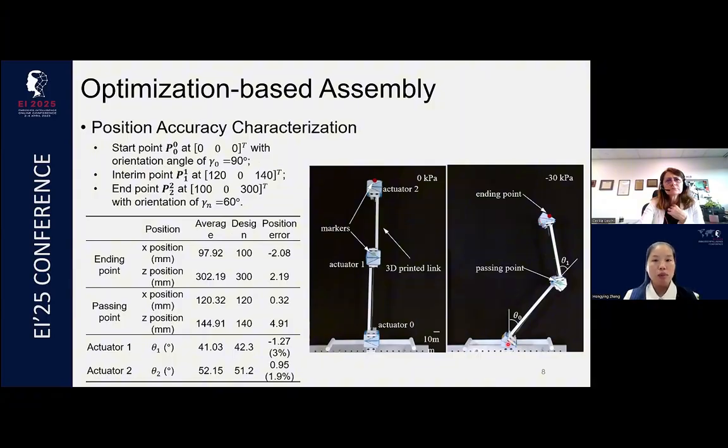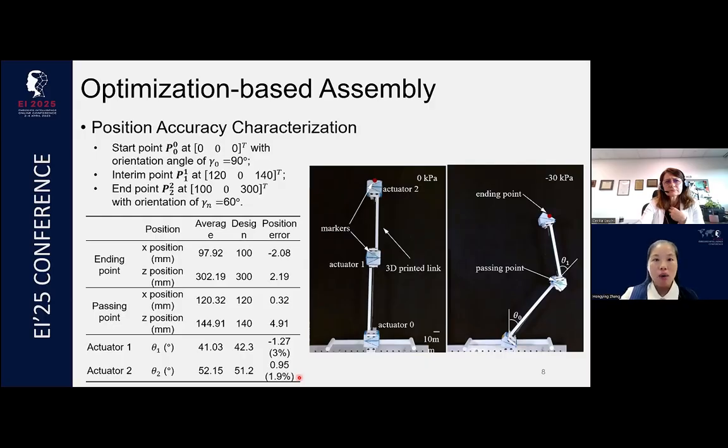After prototyping them, we tested this manipulator 10 times and recorded the position error. We can see that the position error is less than 3%, which indicates that this Lego-like soft robotic system can be very accurate.